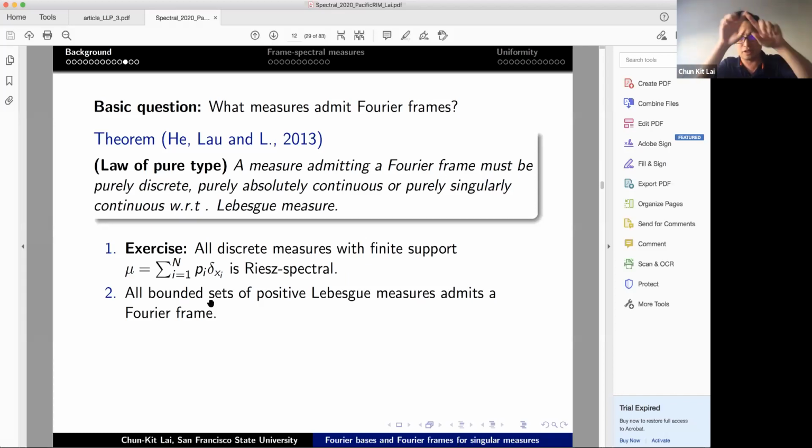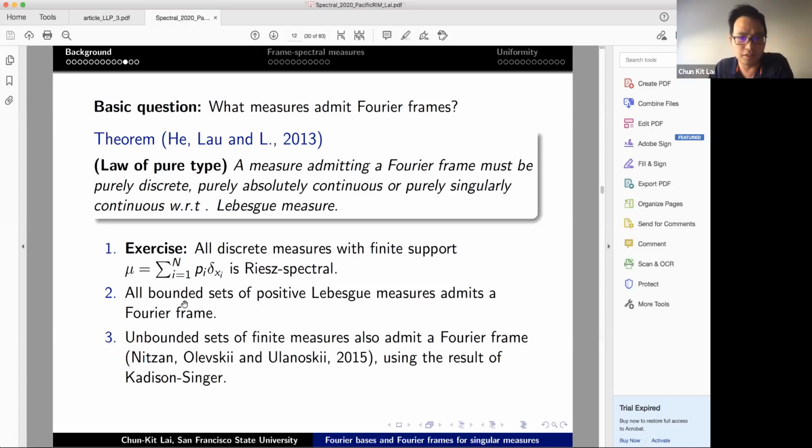So you have the Parseval identity, and then you restrict it to the set, and you immediately obtain a frame. The frame constant may be very bad, but it is a frame. So bounded sets are easy.